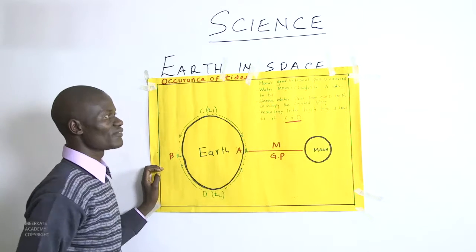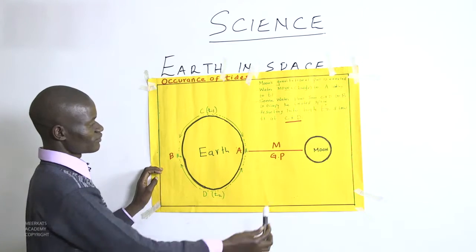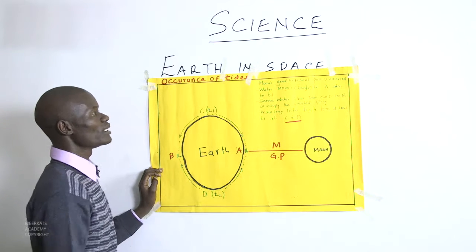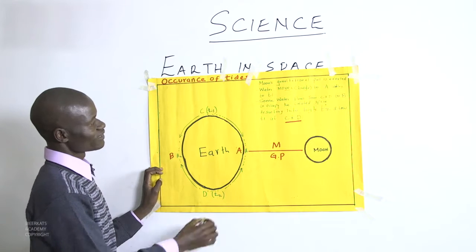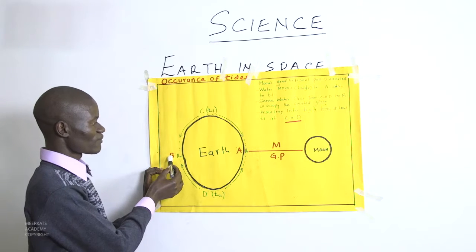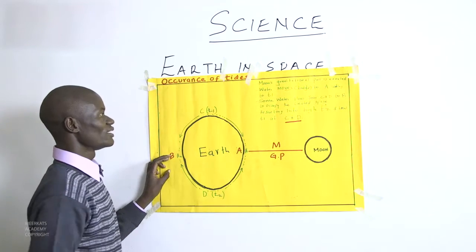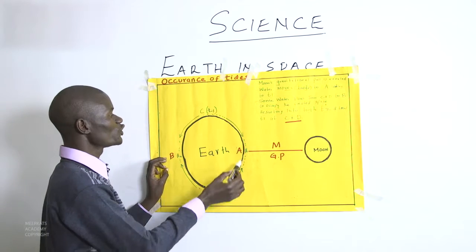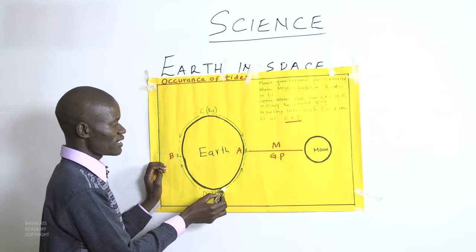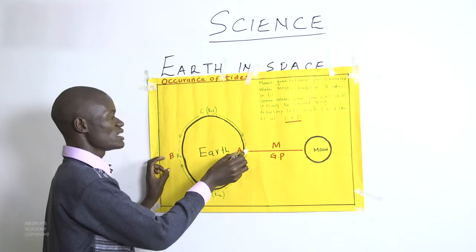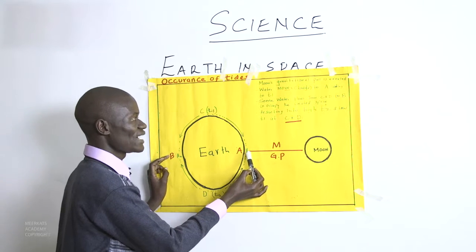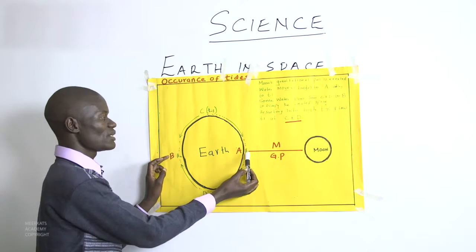When the moon's gravitational pull is exerted towards the Earth, what will happen? The water will move to point A and also to point B. When this water moves, it is going to flow in this direction from point C, and also from point D. As they move around this region, you will find that this is the region that will have a high tide, resulting in the tide being formed here.